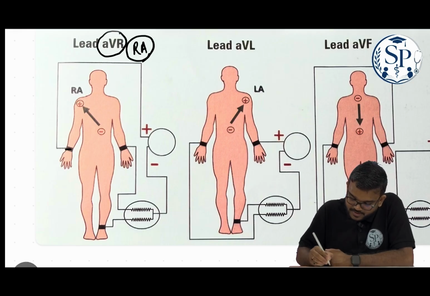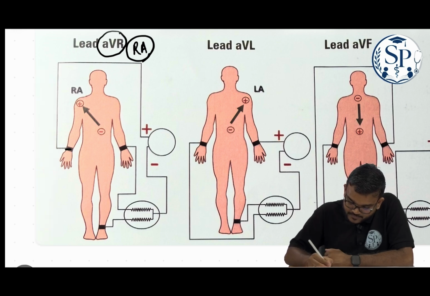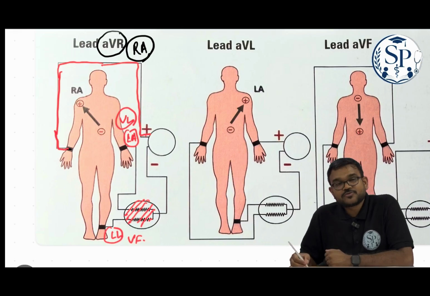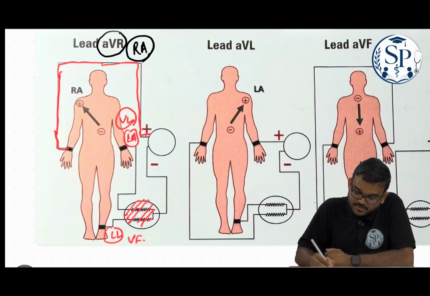The right arm electrode is placed here, where the positive end is connected to the positive end of the galvanometer, whereas the left arm and left leg recordings are summated and passed through a high resistance circuit. Okay, so this is VF and VL. This is the reason why we are looking at the potential at that point only, on the right arm.